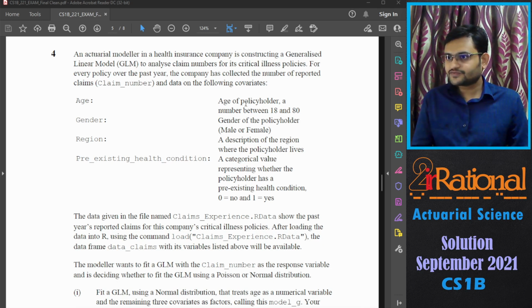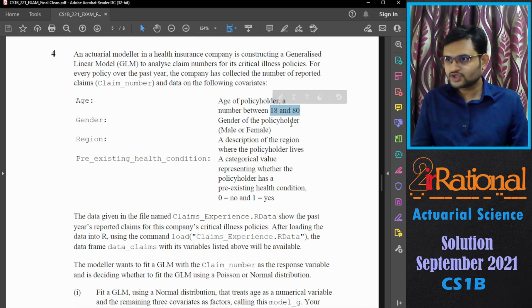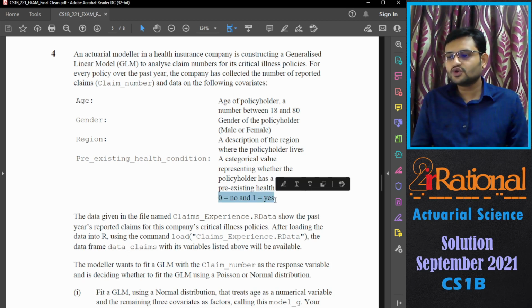See here they have said age is between 18 to 80. Gender is given as male or female. The region is a description of the region where the policyholder lives, and pre-existing condition is a categorical value representing whether the policyholder has a pre-existing condition, 0 as no and 1 as yes.